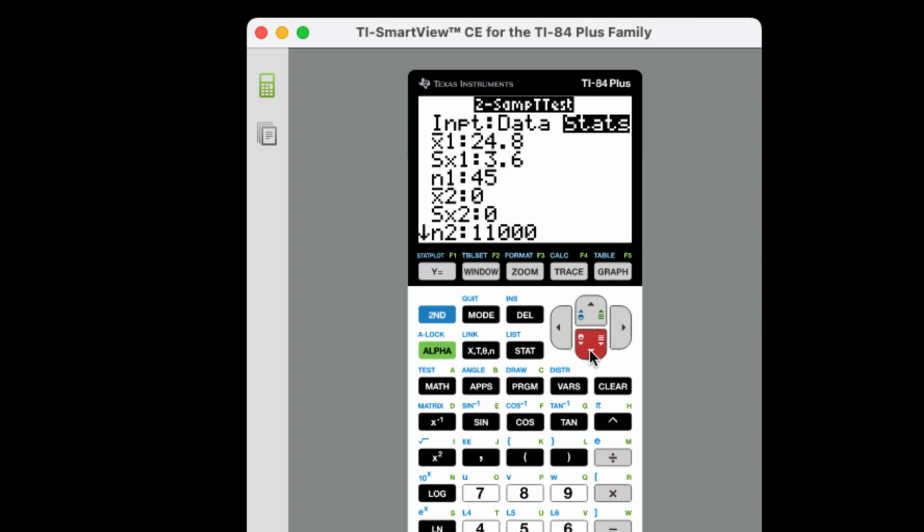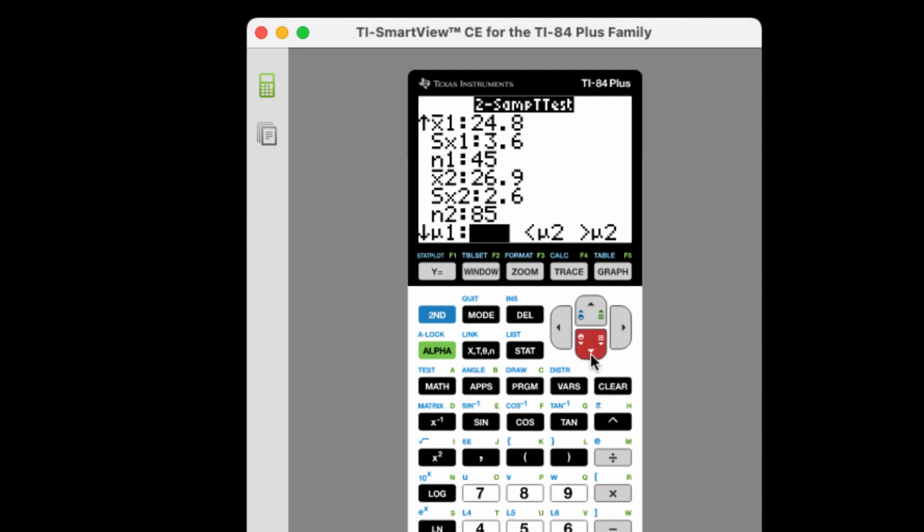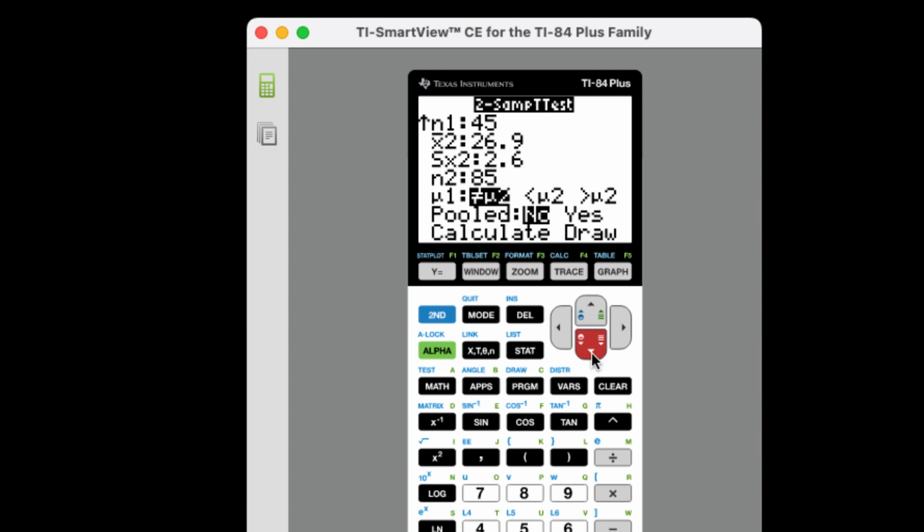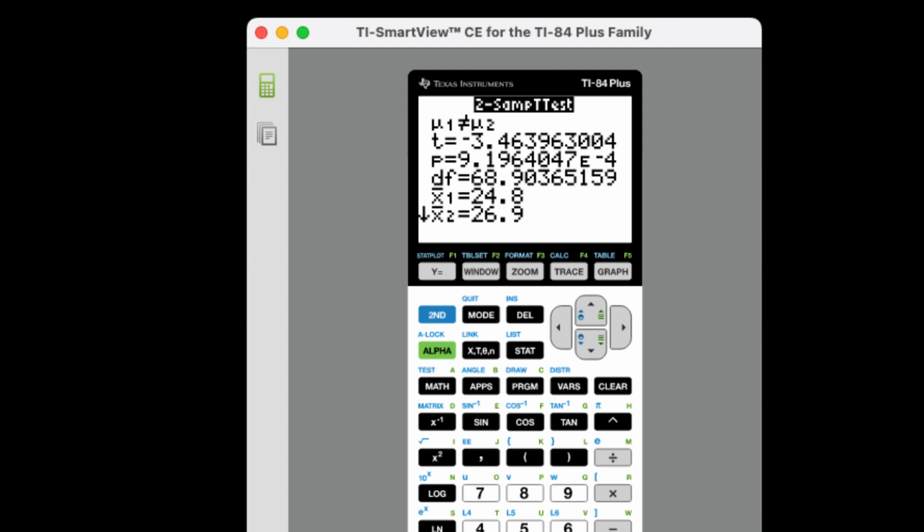Okay, good. The second sample mean is 26.9, with the second standard deviation 2.6. Sample size is 85. Scroll down. What kind of test is this? Wasn't it a two-tailed test? Pooled is no, and hit calculate. Okay? So notice what you get here.